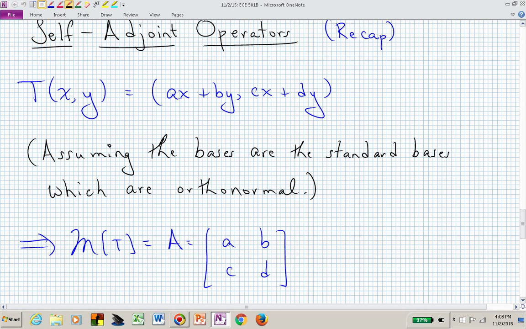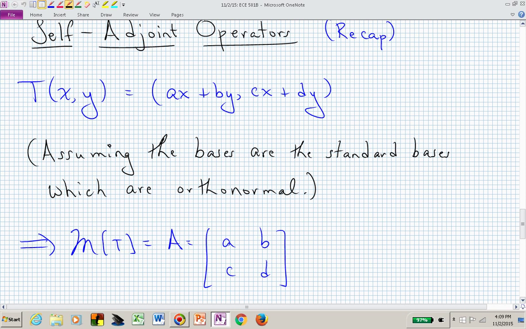Now, we've talked about these adjoints and their matrix representations. There is a caveat. When we say the matrix representation of the adjoint is the conjugate transpose, complex conjugate transpose, that's only true when we are dealing with orthonormal bases. If we have something other than an orthonormal basis, then that complex conjugate transpose of the matrix representation is no longer necessarily true.